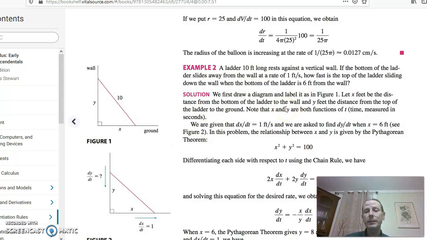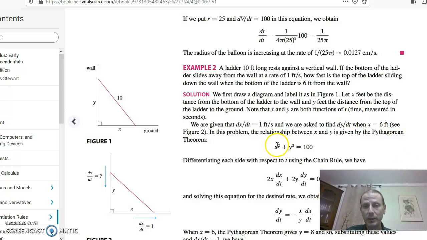So in related rates, we're assuming that every single variable out there is a function of time, and we differentiate any equation we get with those variables with respect to time. So for example, here we've got this equation x squared plus y squared equals 100. When you differentiate that with respect to time, the derivative of x squared is 2x, but since we're considering x to be a function of time, the chain rule kicks in and we have to multiply by the derivative of x, which is dx/dt.